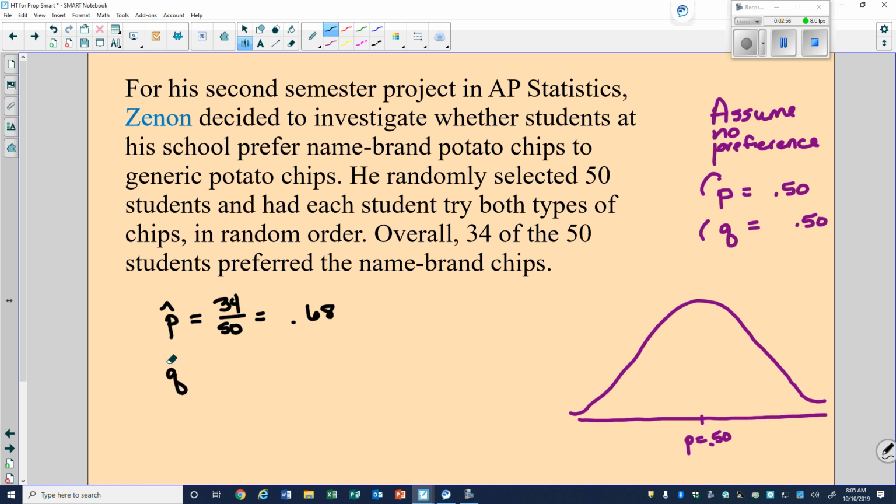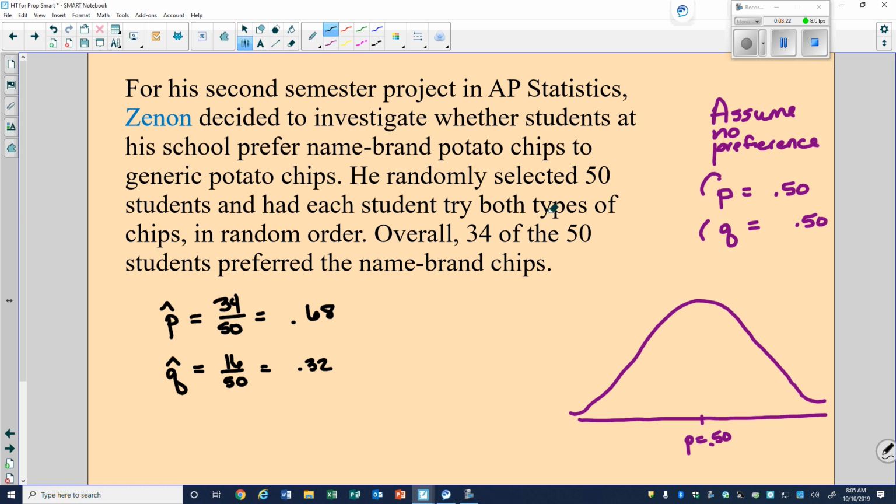I could also look at q hat, which is the percent of failures in my study. If I subtract the 34 kids out of the 50, that's going to leave me with 16 kids in this study who did not prefer the name brand potato chip. And that gives me the other part of 100%, which would be 32%. Okay, so these are the results that I got.